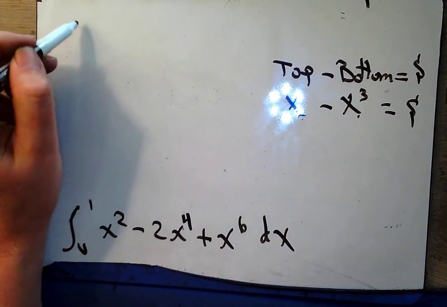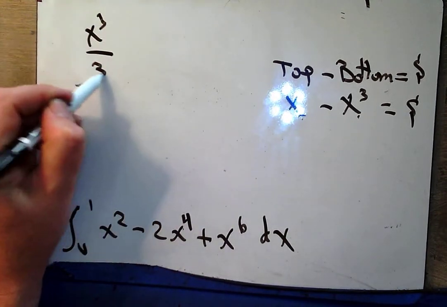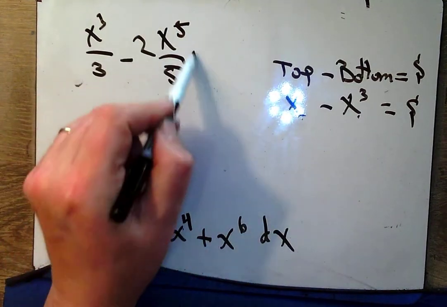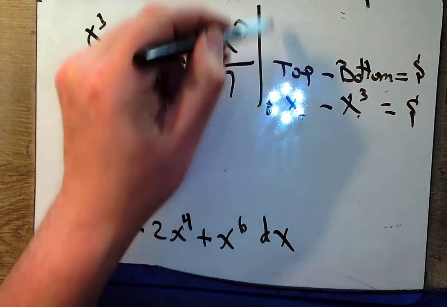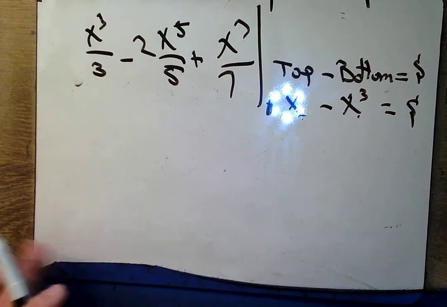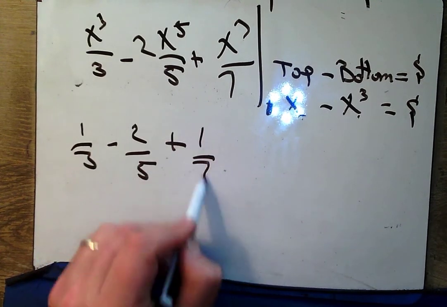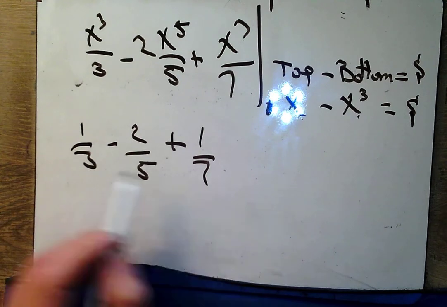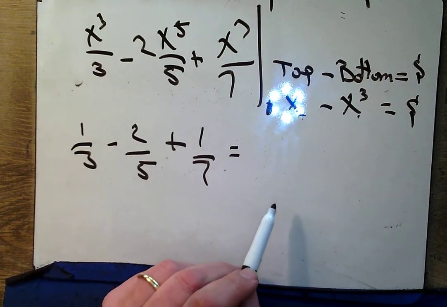So, antiderivative, x to the third over 3. This is going to be x to the fifth over 5 plus x to the 7th over 7 from 0 to 1. Oh, that feels a lot better. Okay, so we get 1/3 minus 2/5 plus 1/7. Yeah, that's probably going to be positive, but very tiny.